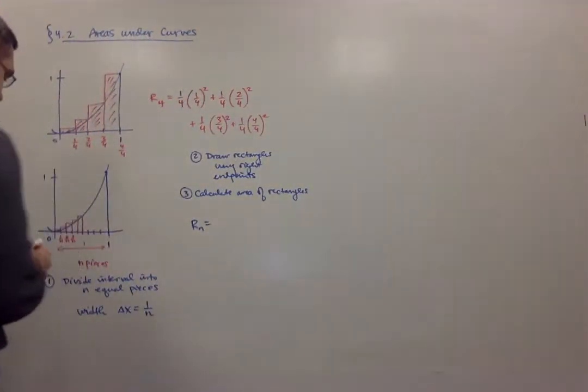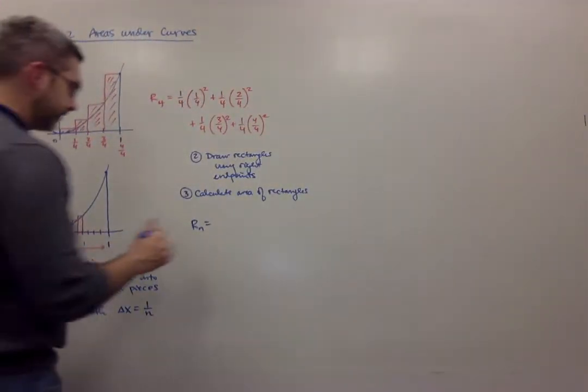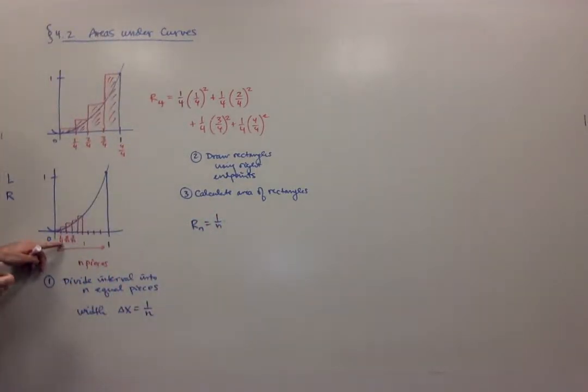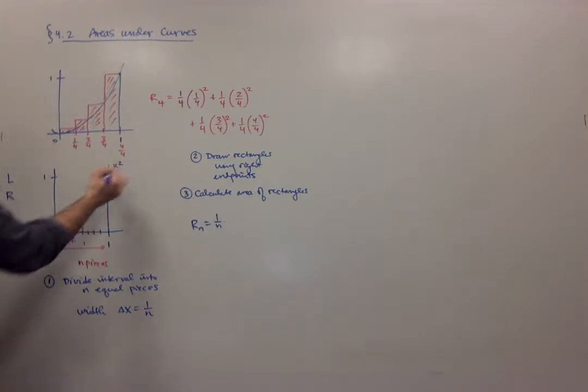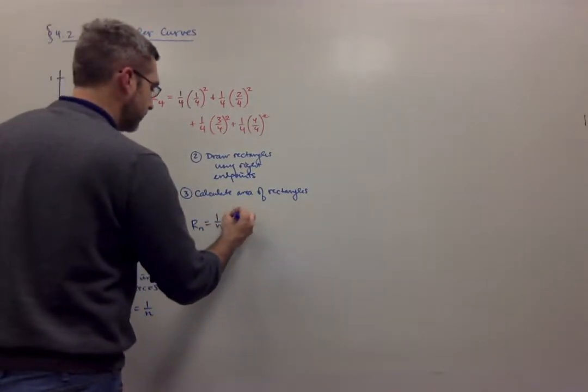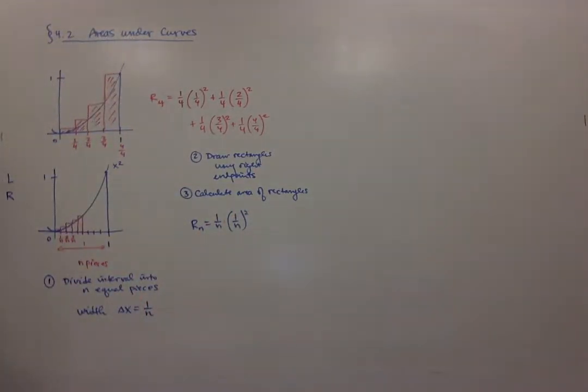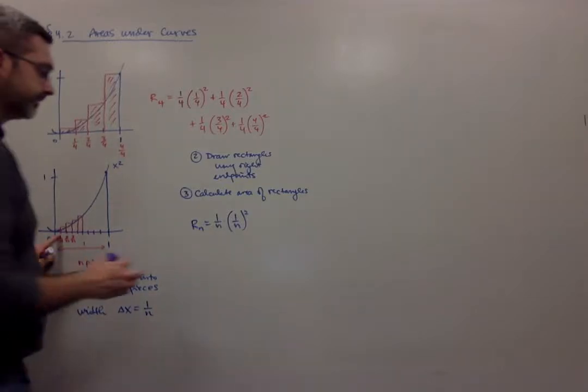The first rectangle has width 1 over n, and the height is what I get when I plug this right endpoint into the function. Now the function's x squared. So what I get when I plug that in is 1 over n quantity squared. All right, that's that first rectangle.